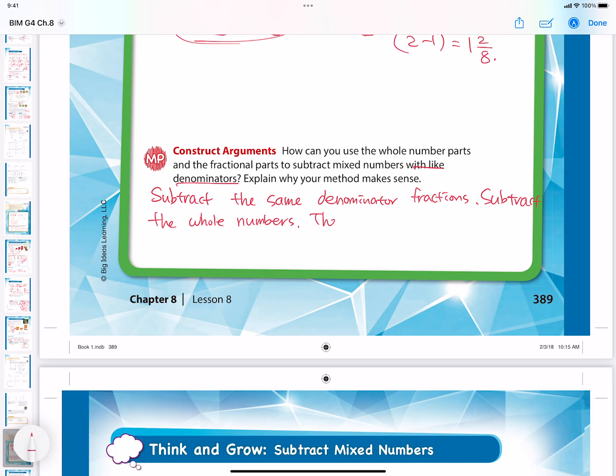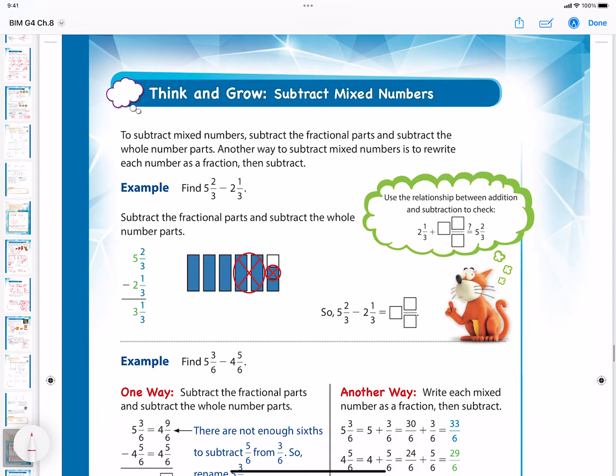Then write down the difference, because we are practicing on what? Subtraction. Okay, all right, let's move on.